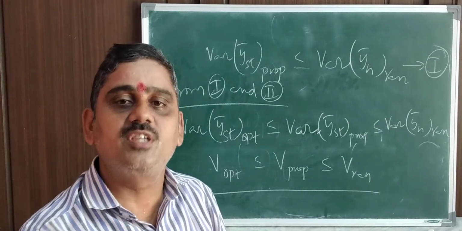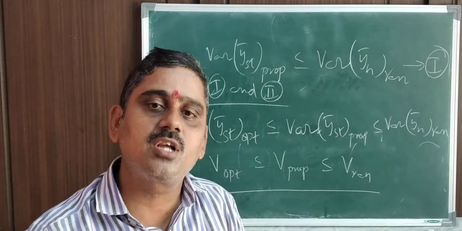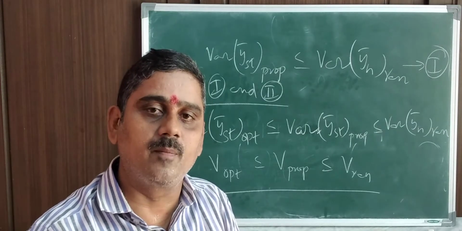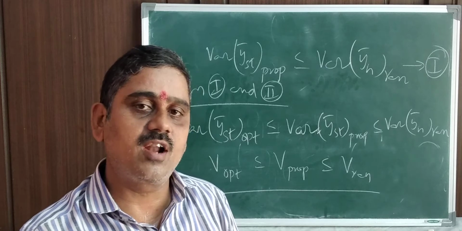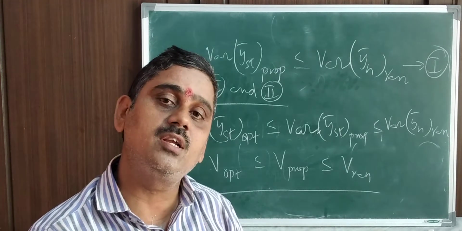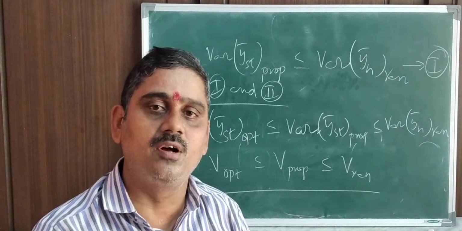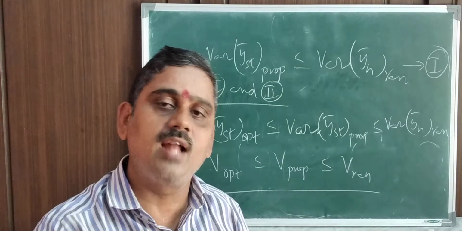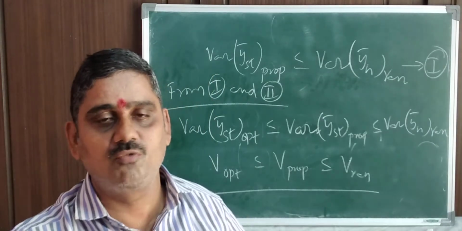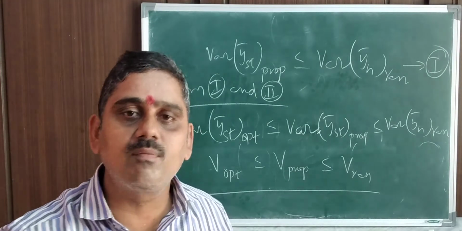Therefore it is more efficient than the remaining two techniques, proportional allocation as well as simple random sampling. We can also give the conclusion that stratified random sampling is more efficient than simple random sampling. That is one conclusion we can give. Stratified random sampling is more efficient than simple random sampling.